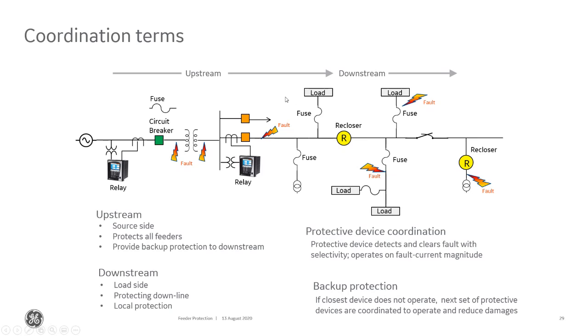And then the main feeder relay, the distribution station, needs to coordinate now with that main recloser. And then the utility relay on the other side of the transformer will then need to coordinate with that distribution relay. So you can see there's a lot of coordination. What we refer to that as is stacked coordination. So multiple devices that are coordinating with each other stack up on each other.